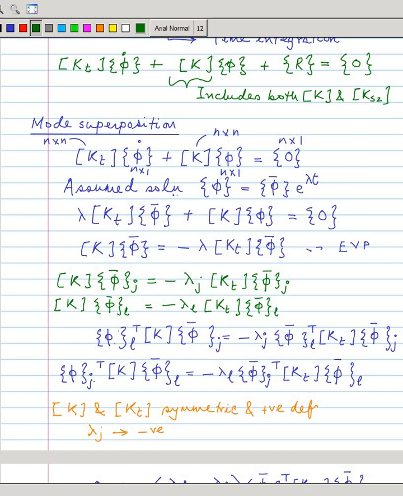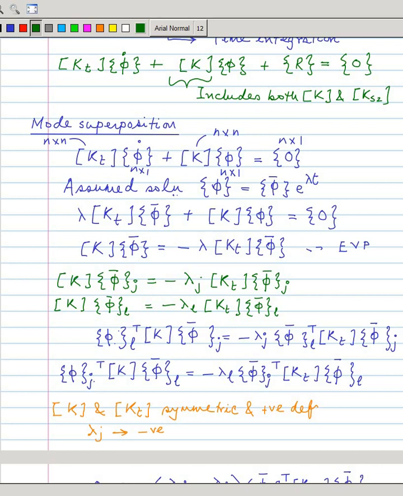Now if you assume a solution phi equal to phi bar e to the power lambda t of this equation and you replace it here, then you get this eigenvalue problem.